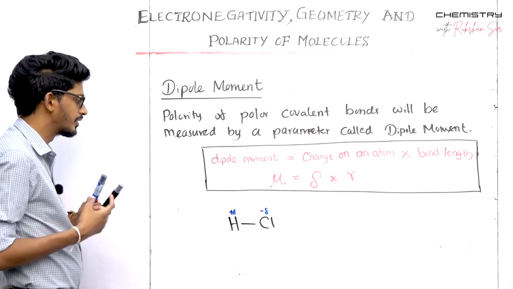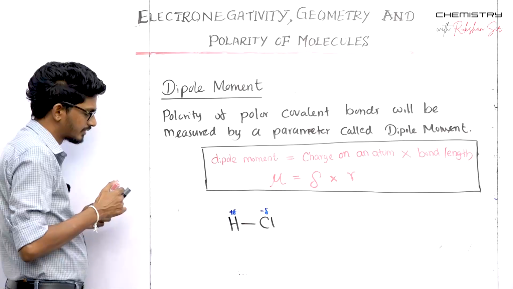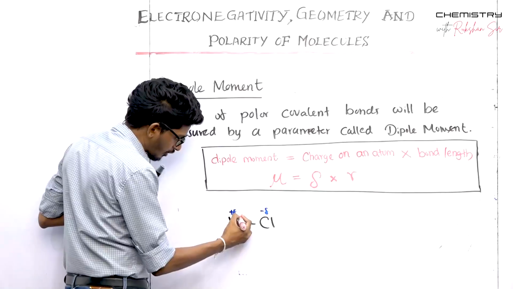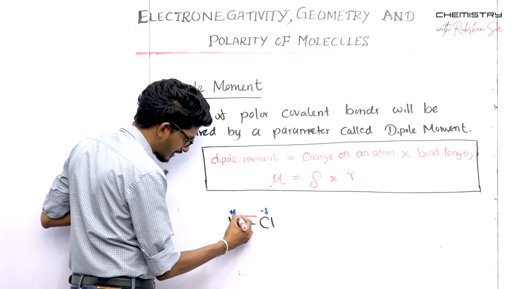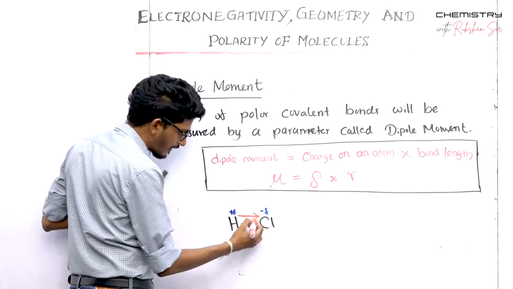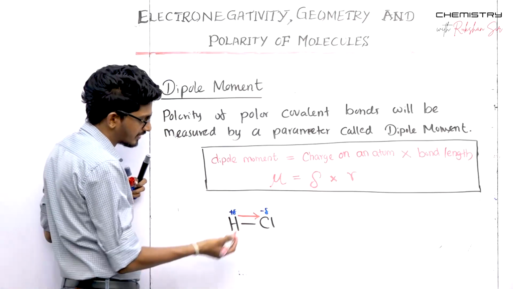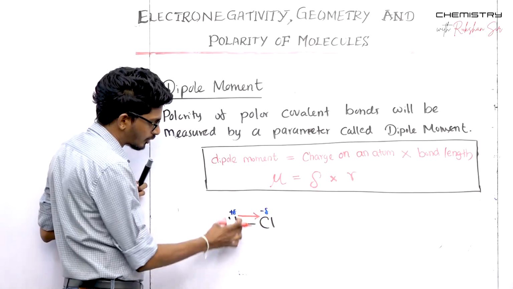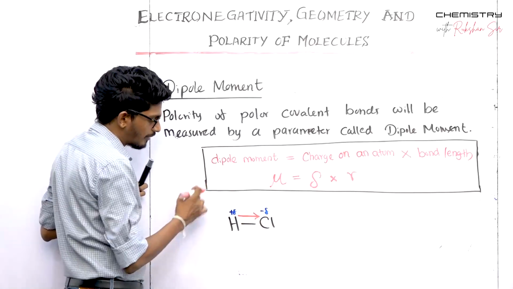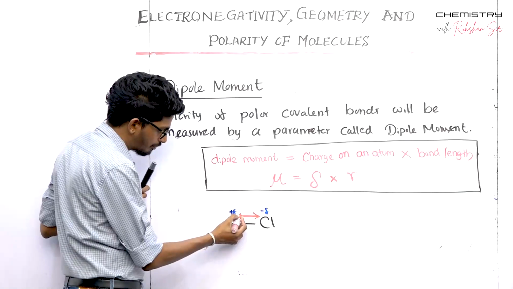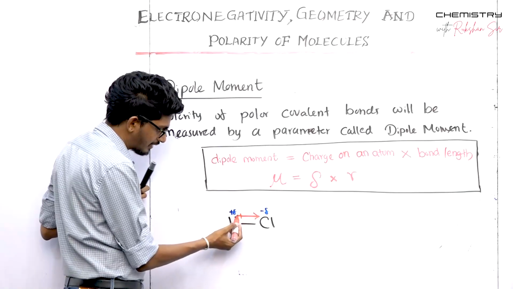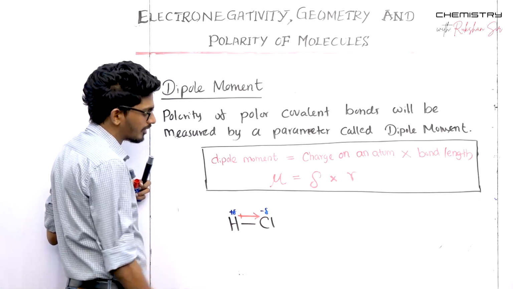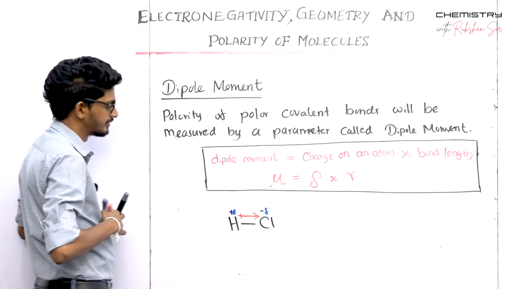So the direction of the dipole moment will be marked by an arrow, where the arrow head points towards the more electronegative atom, or the negative pole, and the arrow tail towards the more electropositive atom. So basically, it will be denoted by a simple positive sign like this. This is the way of marking the dipole moment in a polar covalent bond.